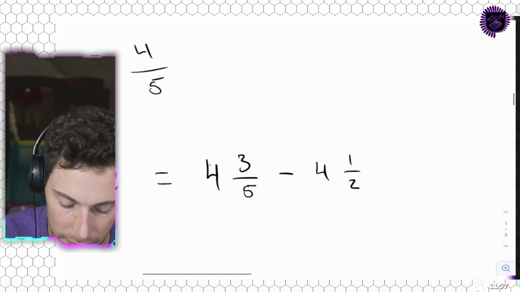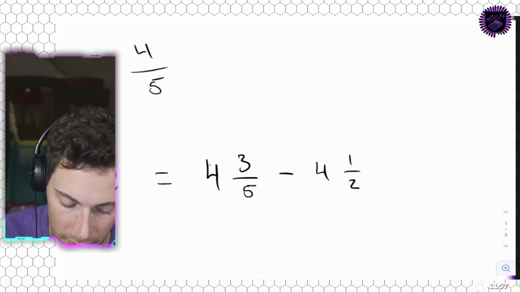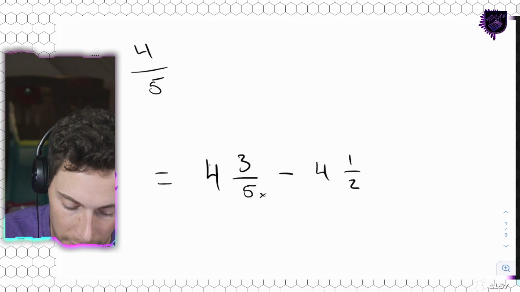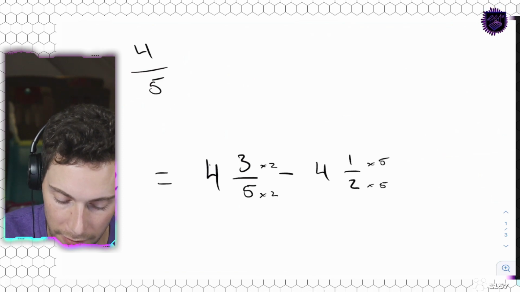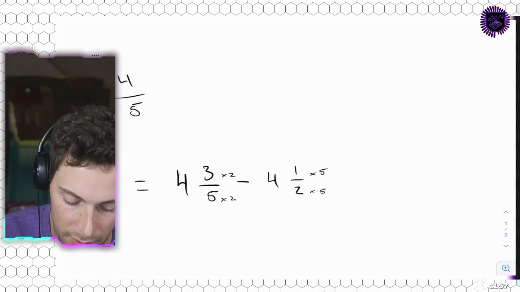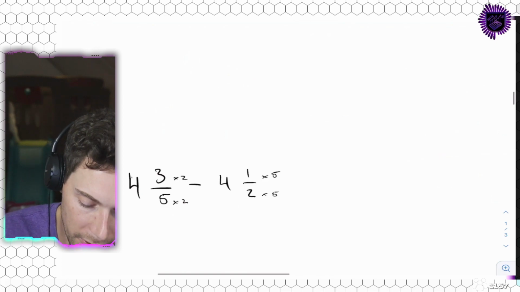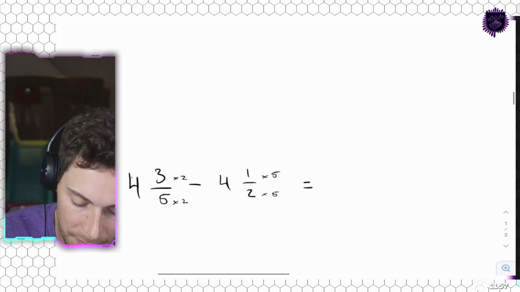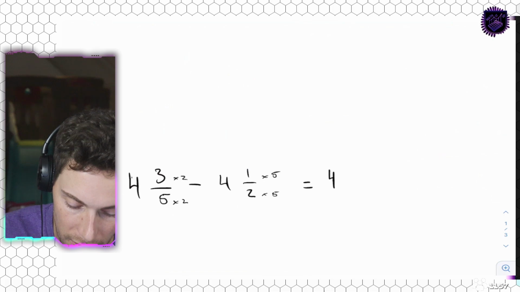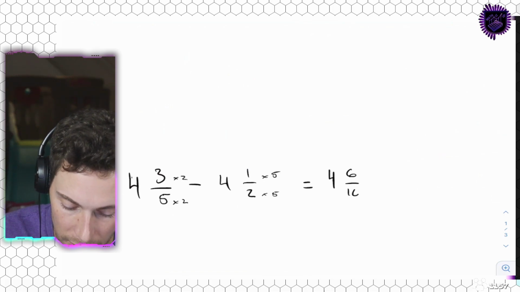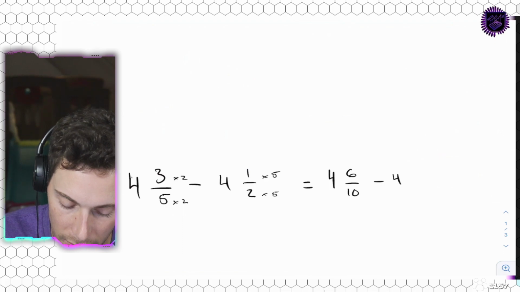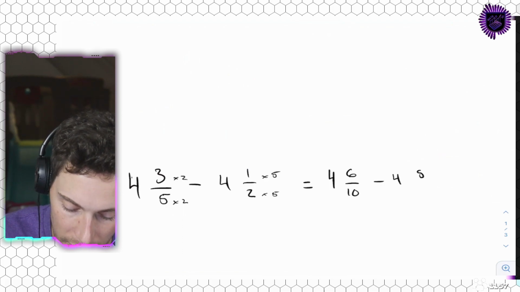Now, cross multiply times 2 times 2 times 5 times 5. This is going to be another equivalent fraction of 4 and 6/10 minus 4 and 5/10.